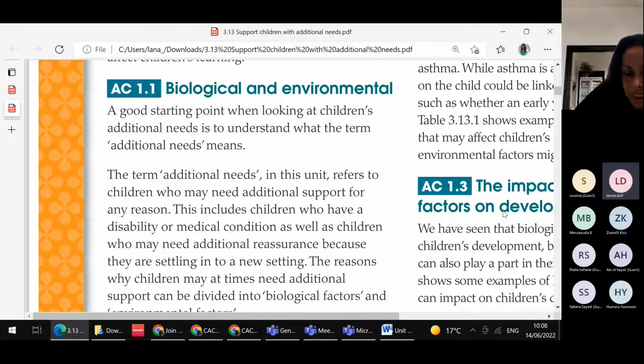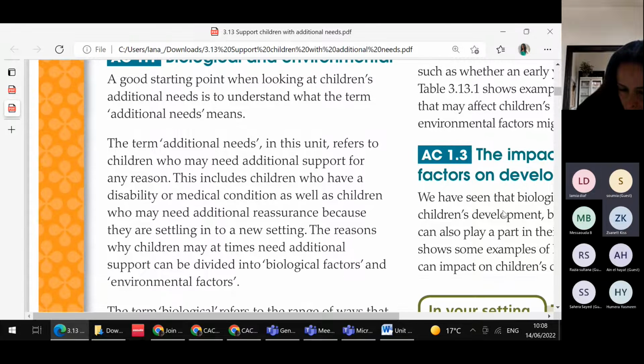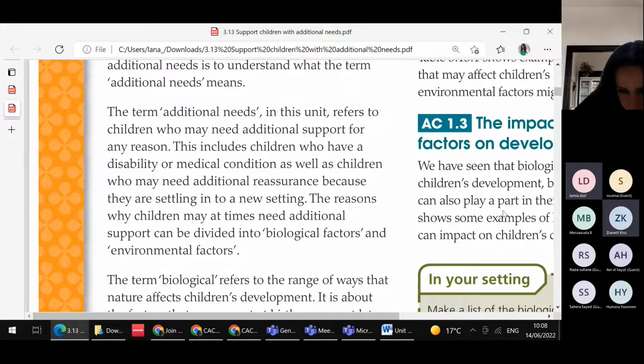What are additional needs anyway? Additional needs is when children have a special condition, like disabled or something like that. Very good.